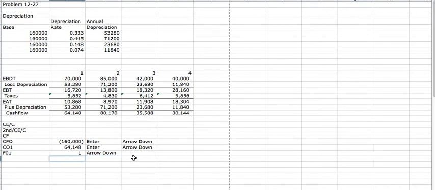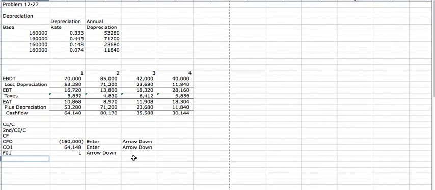And we're going to repeat this process for C02. C02 is going to be 80,170. Enter. Arrow down. F02 is 1, so we arrow down. C03 will be 35,588.